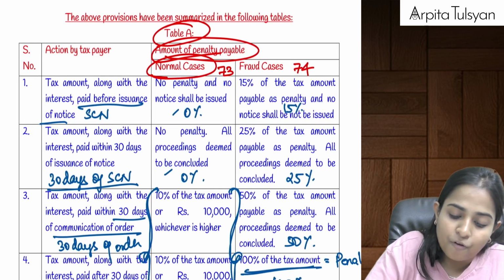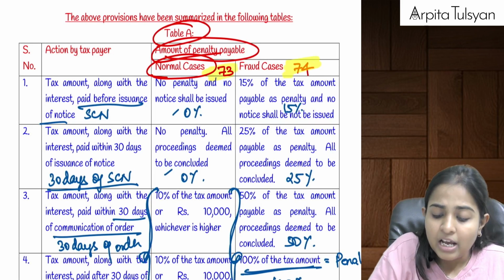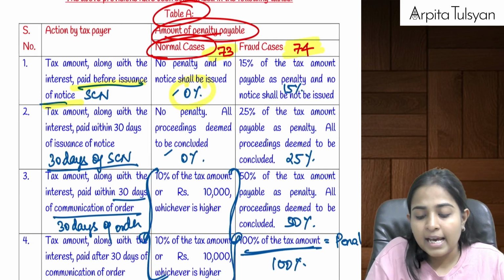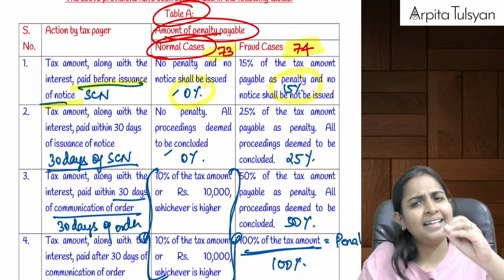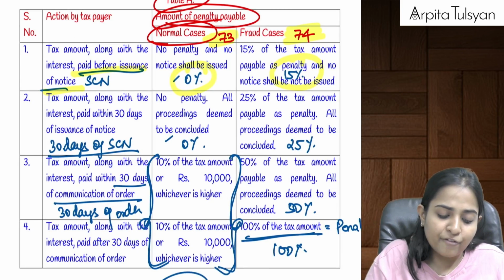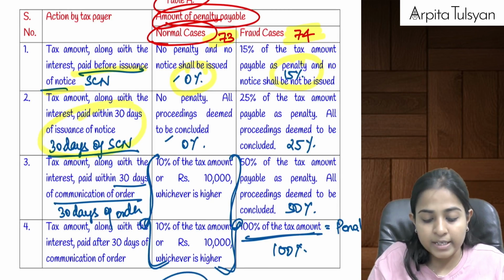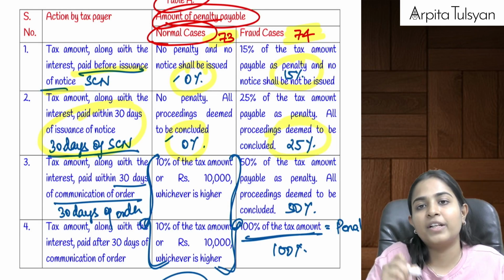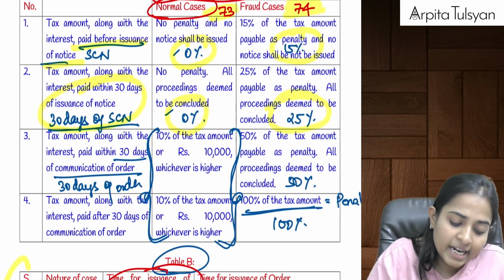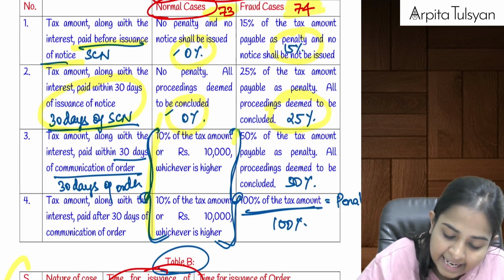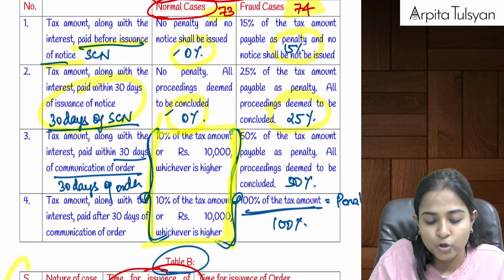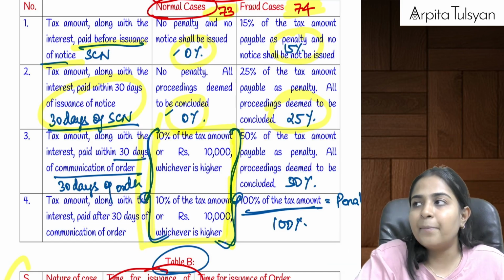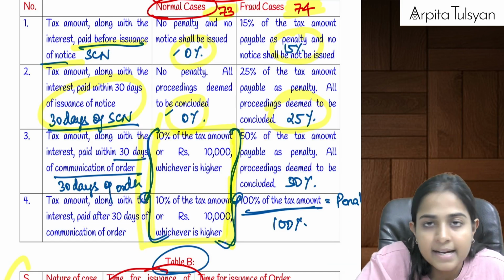Now see here, a summary chart is given. For the purpose of Section 73, if you paid before show cause notice, 0% penalty; under Section 74, 15% penalty, and tax and interest anyway you have to pay. If you pay within 30 days of show cause notice, then 0% penalty, and instead of 15%, 25% of the tax will be paid as penalty. In normal cases, if you pay after 30 days of show cause notice, then 10% of the tax or 10,000, whichever is higher, is required to be paid.